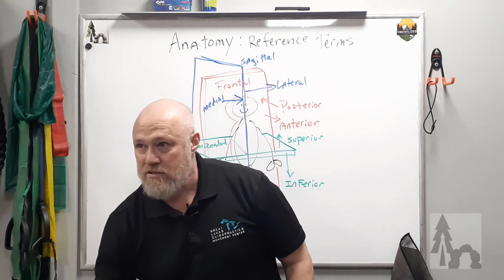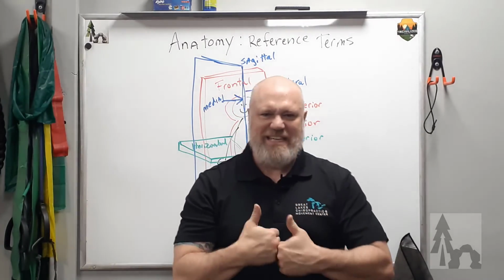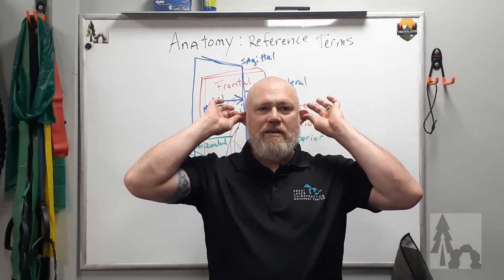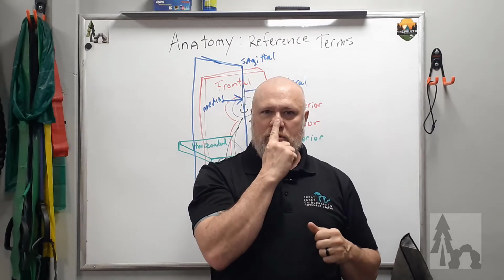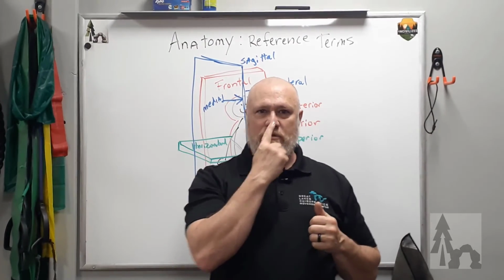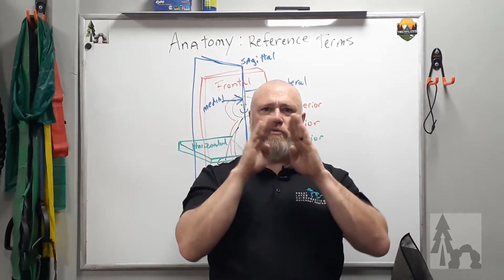So in this case, with my mid-sagittal line, or my sagittal line in that plane dividing me up, my ears would be lateral to my nose. My eyes are lateral, further out to the sides than my nose. My eyes would be medial relative to my ears, closer to the midline.